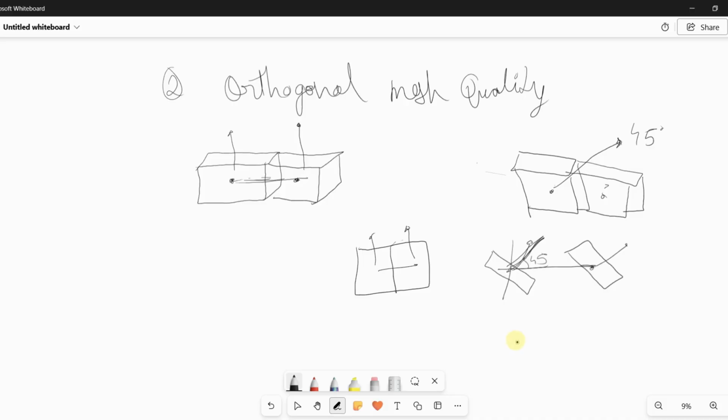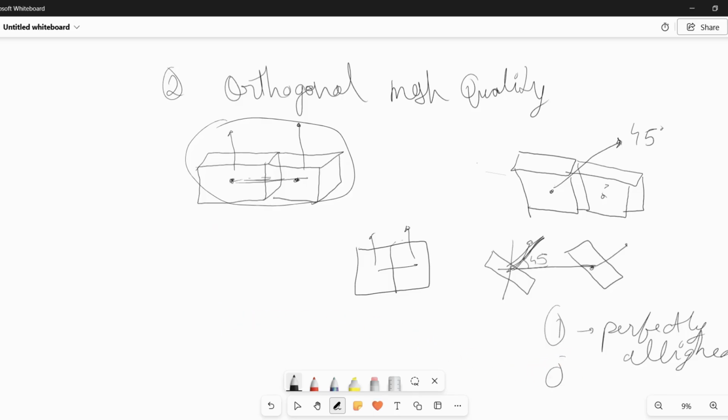If it is perfectly aligned, you'll have a value of 1. So it means perfectly aligned. And this is an example of an orthogonality 1 mesh, and you will have it as 0 if it is the worst aligned, right?